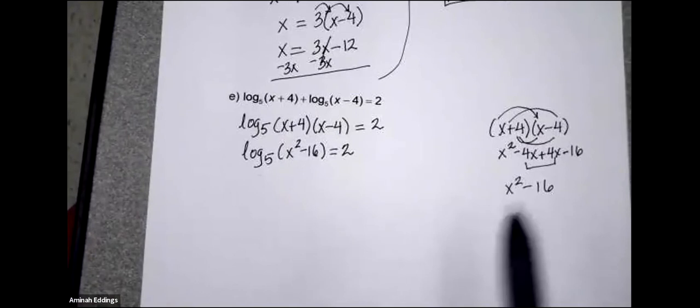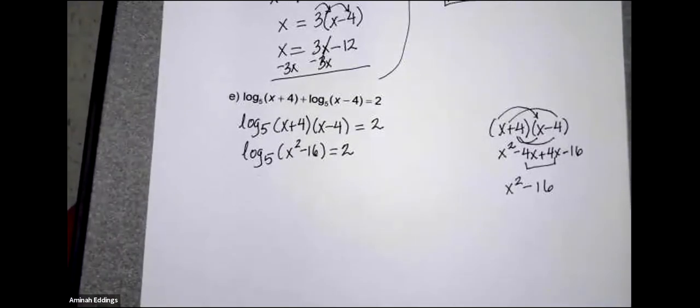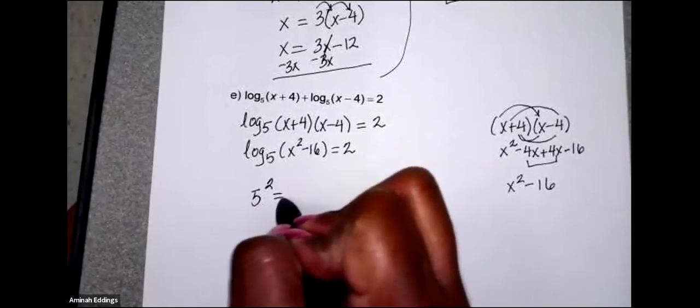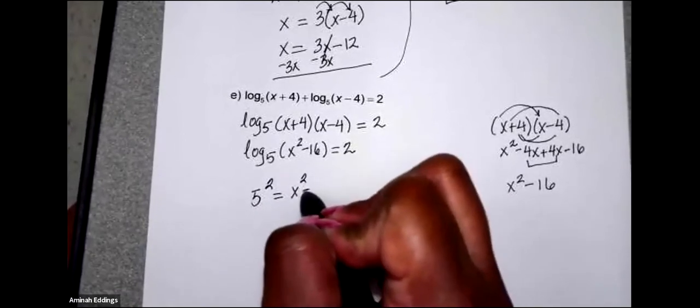So what can I do? Would it be 5 squared equals x squared minus 16? Very good.